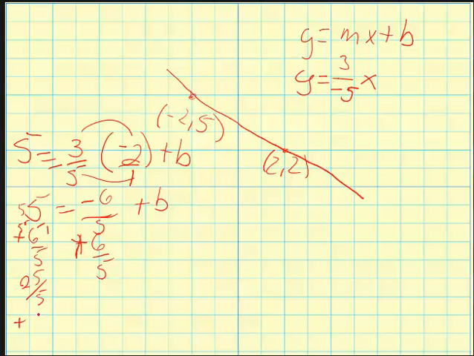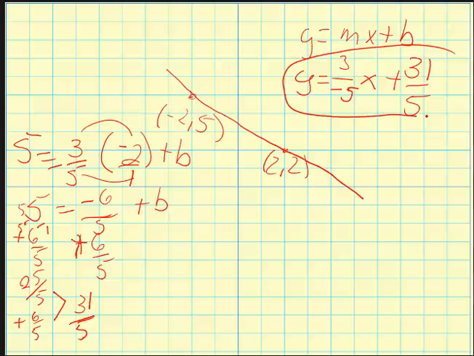Plus 6 over 5 is going to equal 31 over 5. I cannot reduce that. If it was 30 over 5, I could. Cannot reduce 31 over 5. So that's my b value that I'm going to go up here and put, plus 31 over 5. And that is the equation of this line.